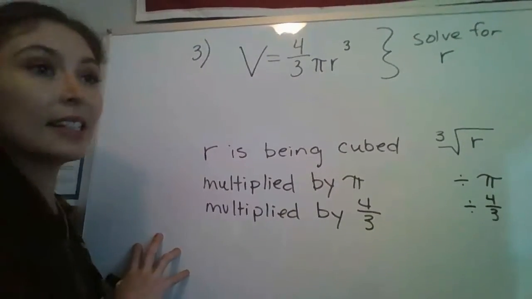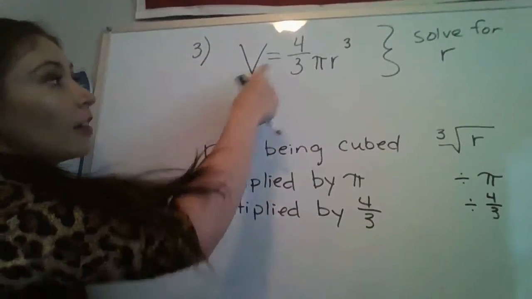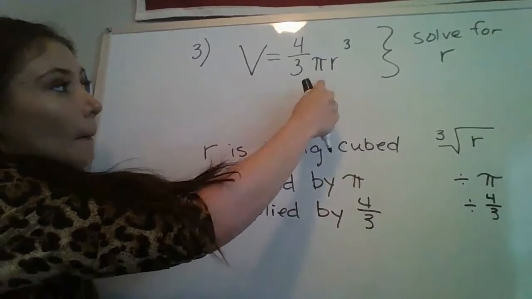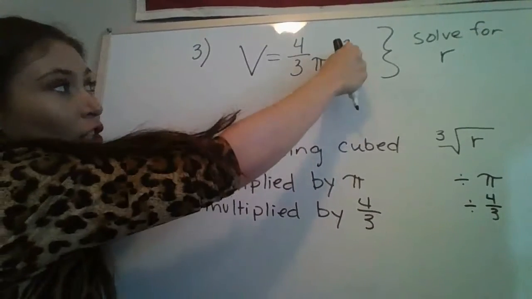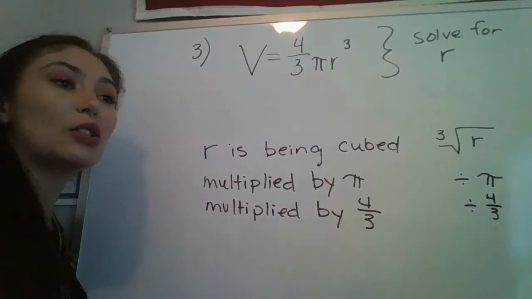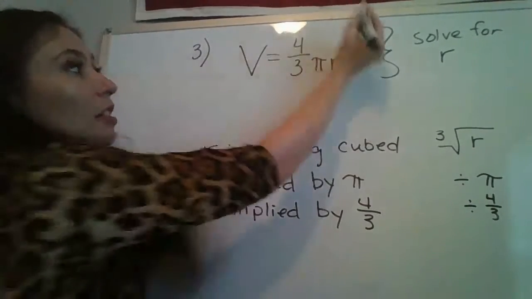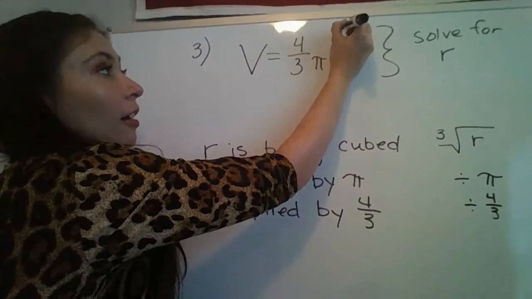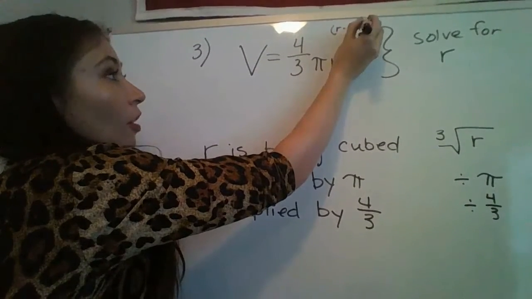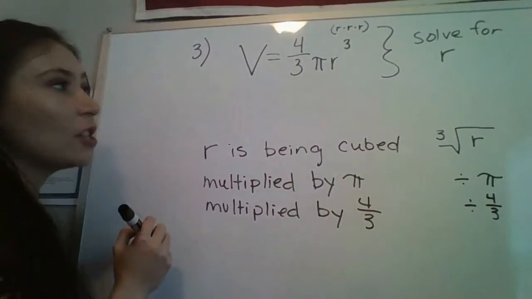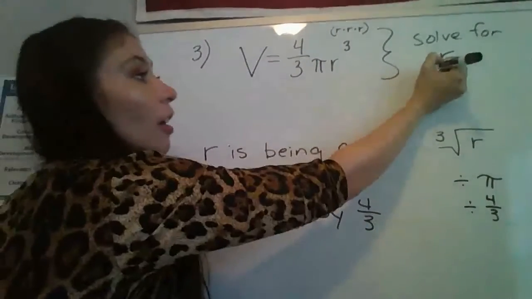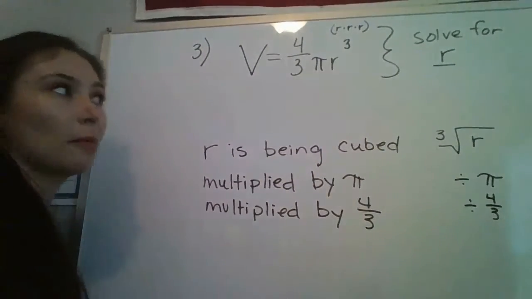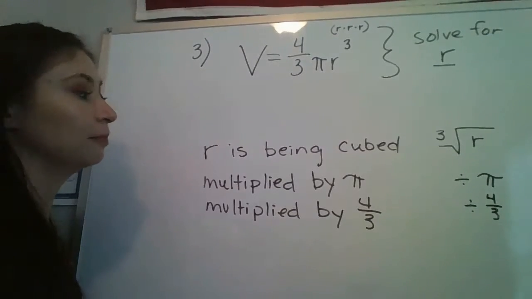Let's take a look at this example. We've got volume equals 4/3 pi r cubed, meaning it is raised to the third power, which is the same thing as saying r times r times r. First thing I'm going to do is figure out what I am solving for. I am solving for r.